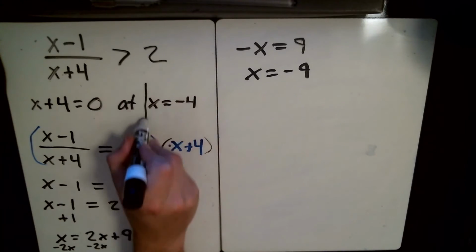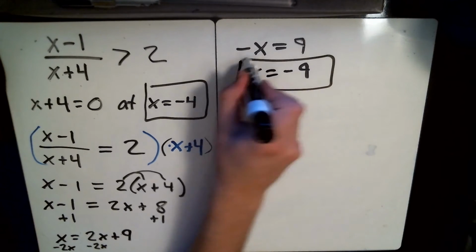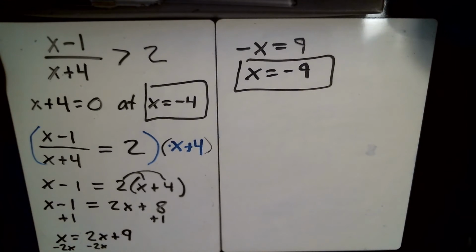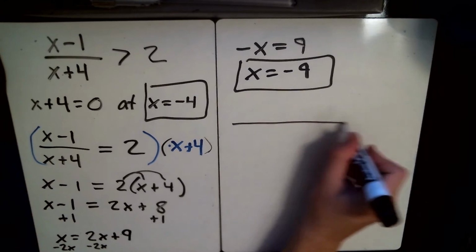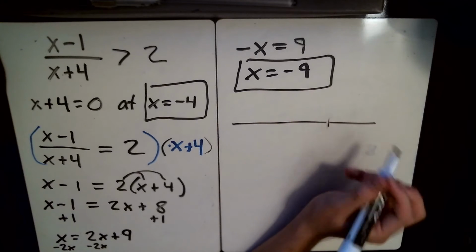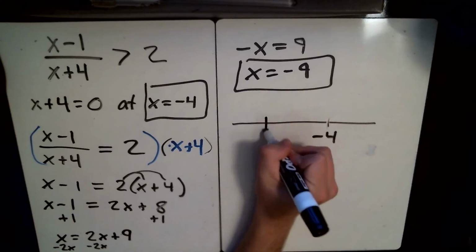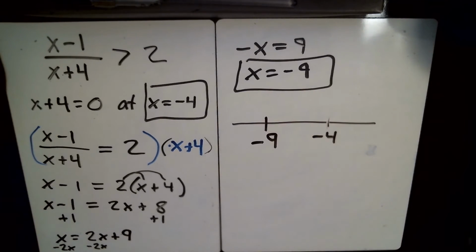So we got x equals -4 and x equals -9 as places where this thing can change between working and not working. So I'm going to draw my number line, just like we've always been doing. -4 is higher, so I'm going to put that up there. -9 is lower, I'm going to put that down there. And then I just plug in points like we did before to see which parts of the number line are going to work.